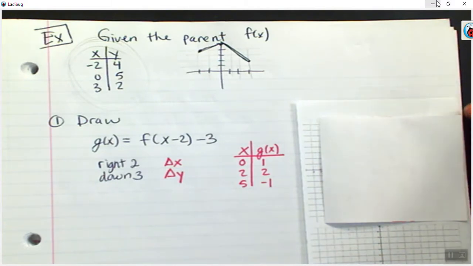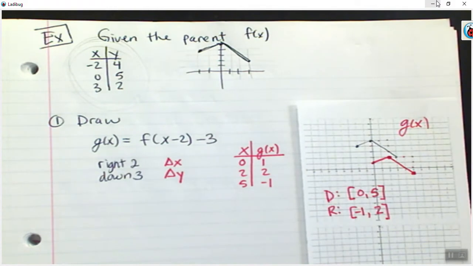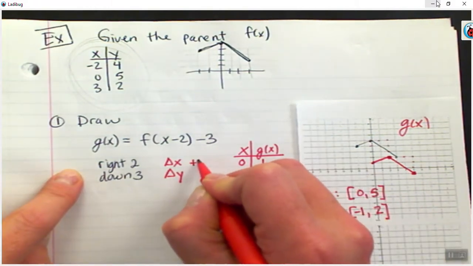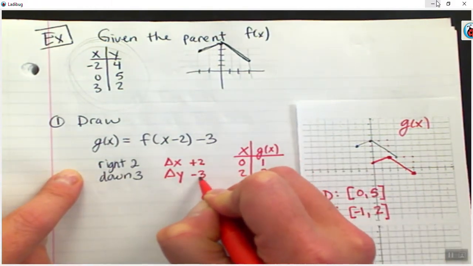I hear some really good answers. Who wants to share? Yeah? All right, listen. Since you know for the letter which coordinate you're changing, you would just add 2 to the x, and then you would subtract 3 from the y.